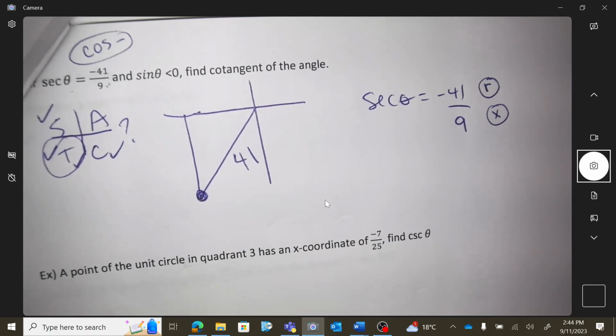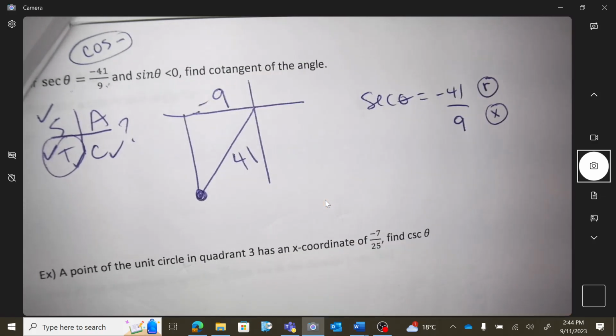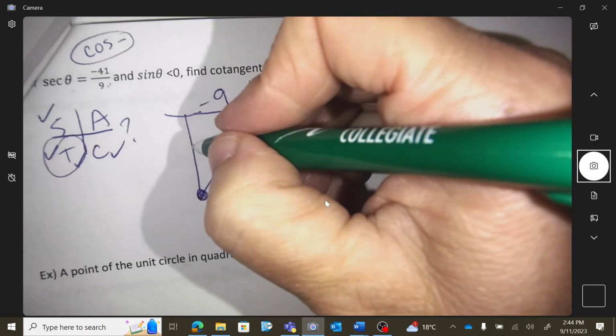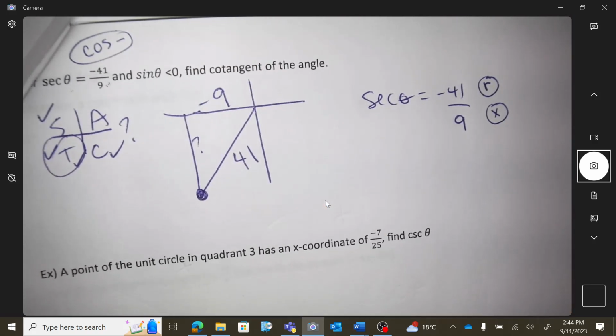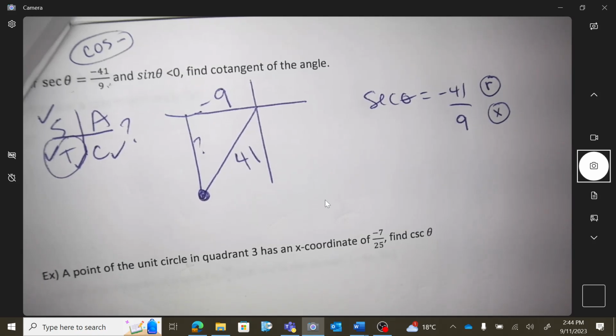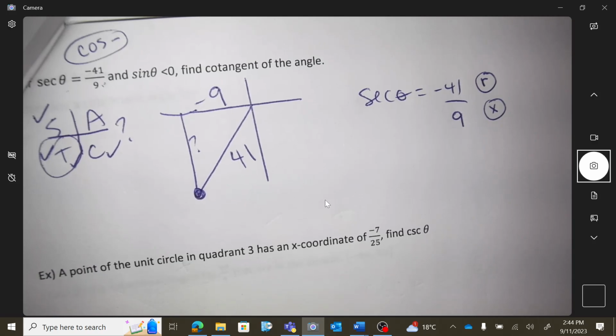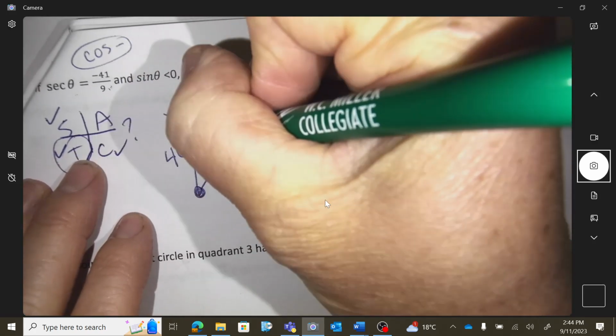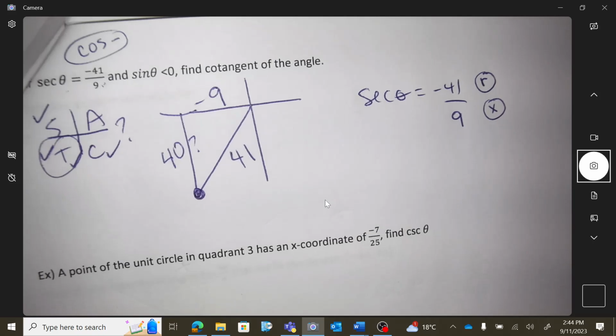It has to be positive. You can't put negative on a radius. And X then would take the negative. And that makes sense in my drawing. Can you find the third side? This one comes out nicely, doesn't it? Square rootable.